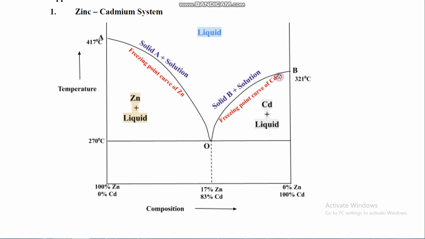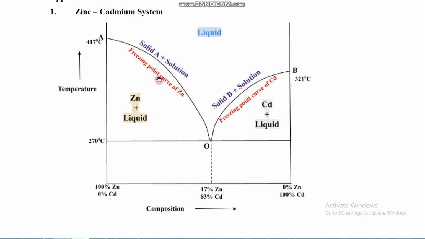Here also two components, cadmium and zinc, and two phases: one is solid cadmium, another one is solution containing dissolved zinc. Again, when you apply the reduced phase rule, degree of freedom is 1. The system is univariant along the curve BO.